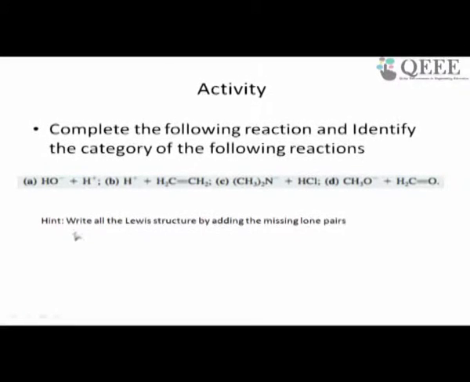The first reaction, A, is HO minus plus H plus. If you write the Lewis structure, it will be H, O with its lone pairs, and we know how to write Lewis structures, and if you follow those rules, the negative charge will be on the oxygen, and then H plus has no electron, so this is just H plus.